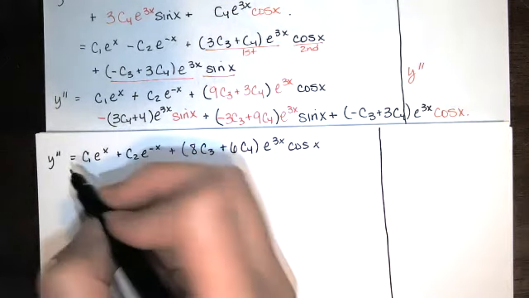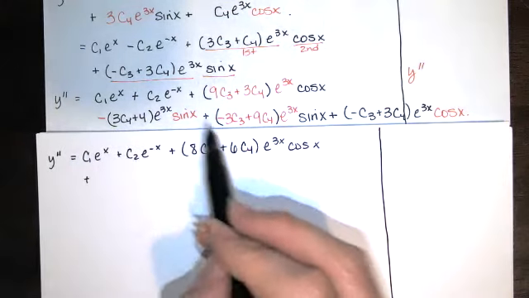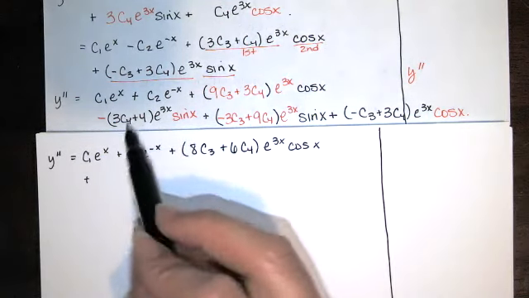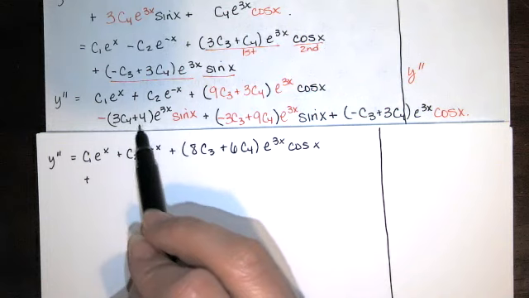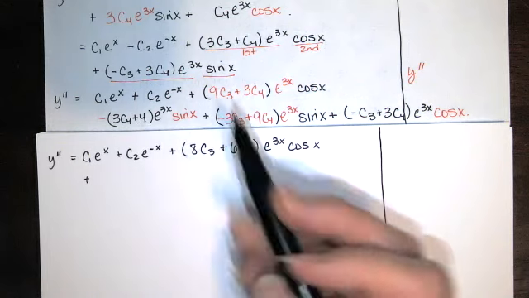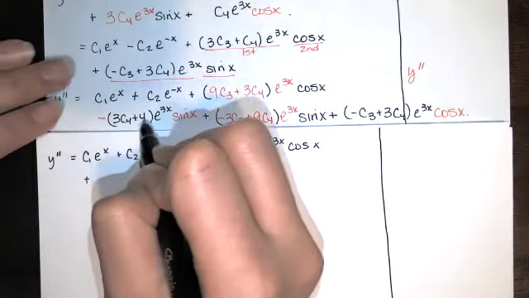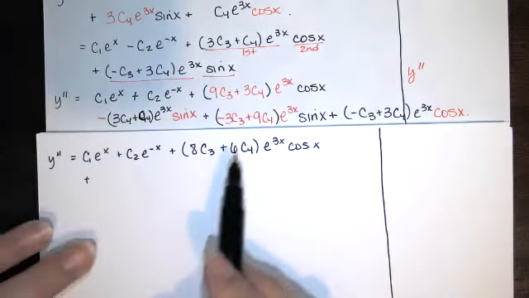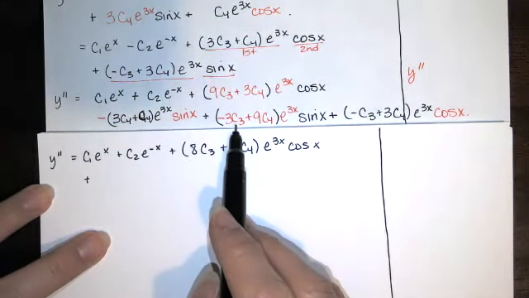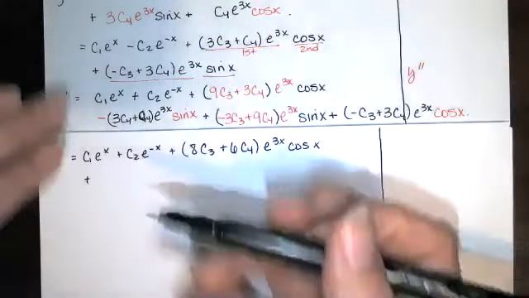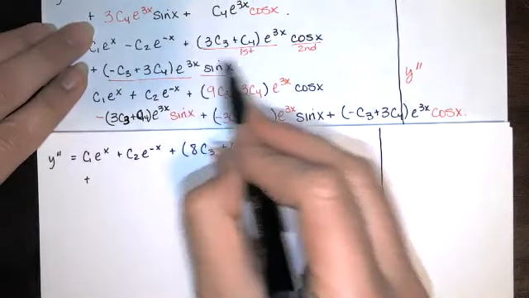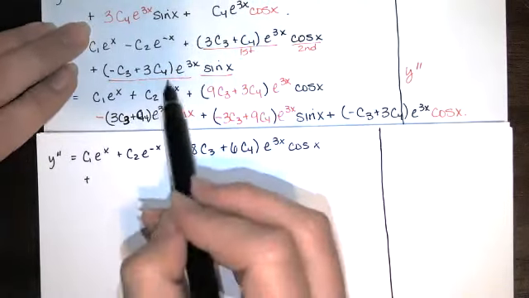Now over here, with the sine functions, e to the 3x times sine of x and e to the 3x times sine of x, we want to group as well, but we have to distribute that negative. There's something missing here. It should be a c4.